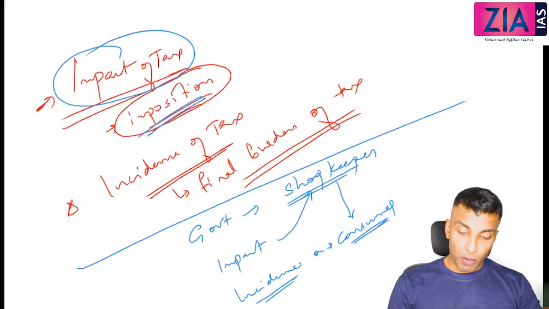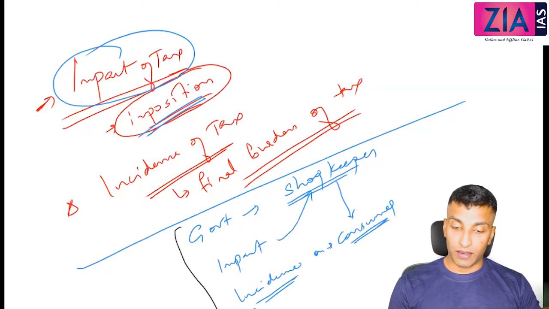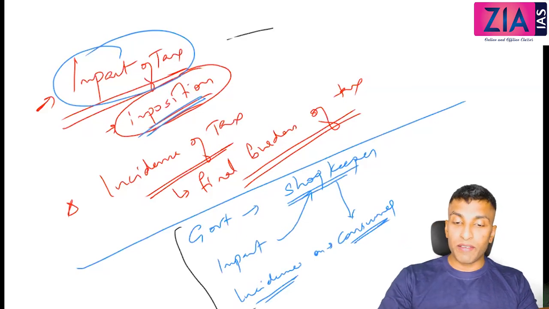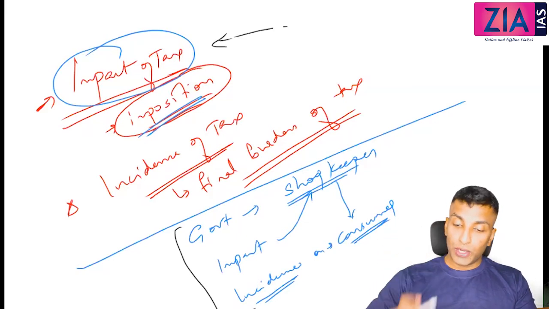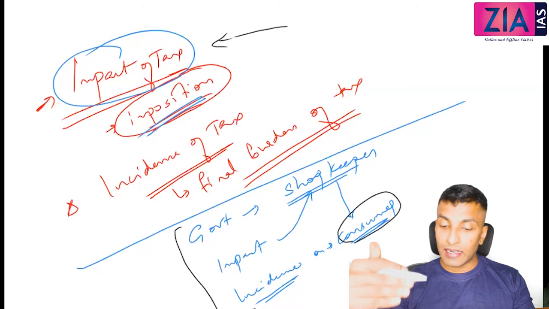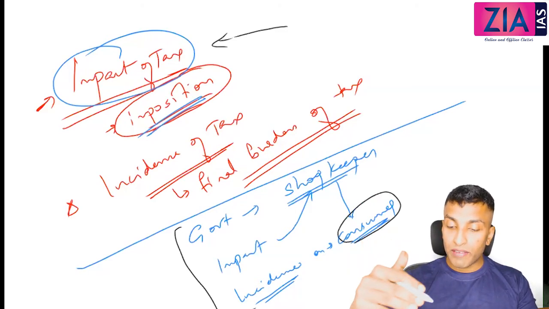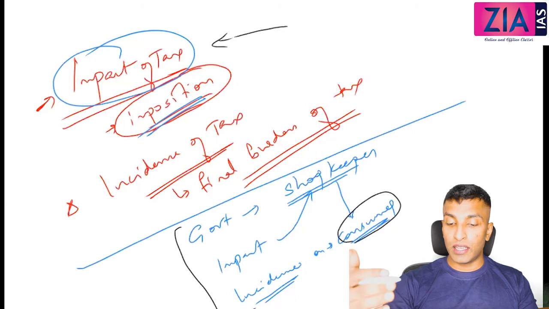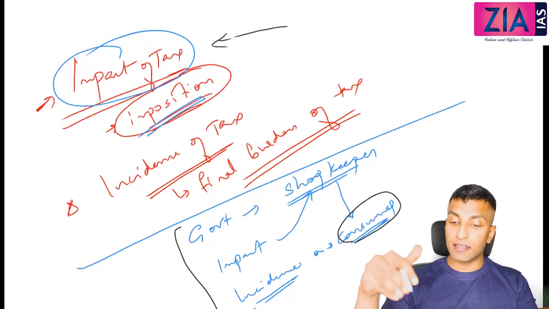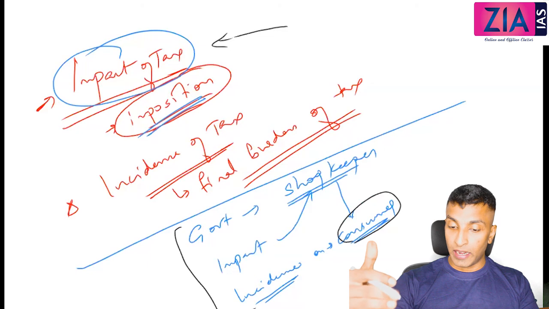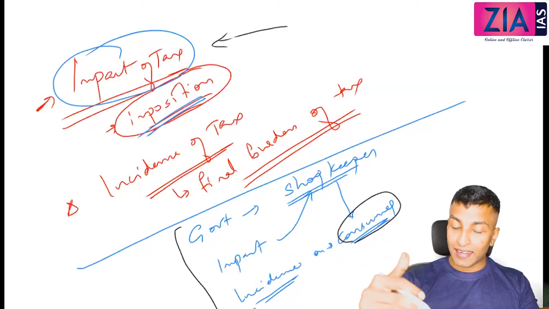Now you see there is a problem here. If you go with the word meaning, then it will be entirely different. See, if you go with the word meaning, who's having the impact of tax here? Actually, the consumer is paying the tax. You may think that he will be impacted. If you go with that word meaning, who will be impacted with the tax? It is the consumer because the consumer is paying. But don't go with the word meaning. Here, impact and incidence, understand in this way.